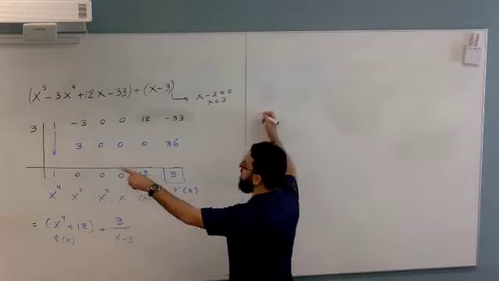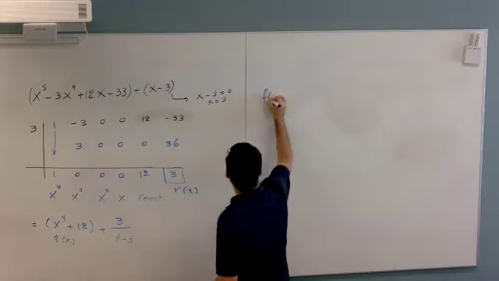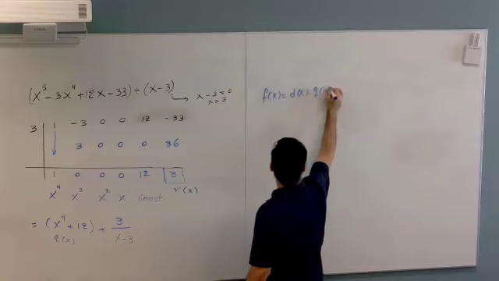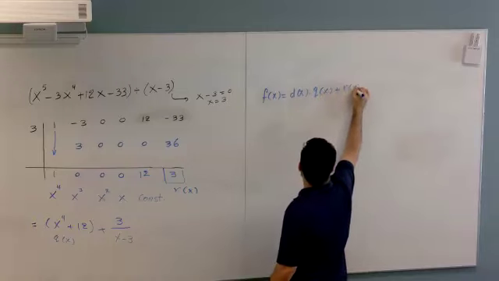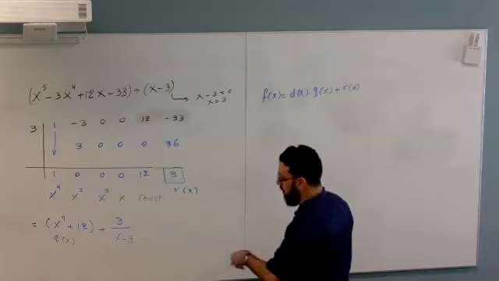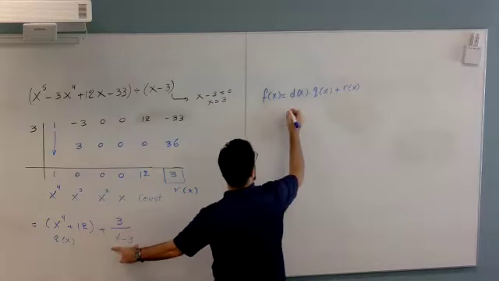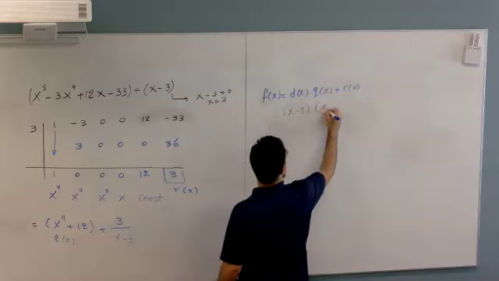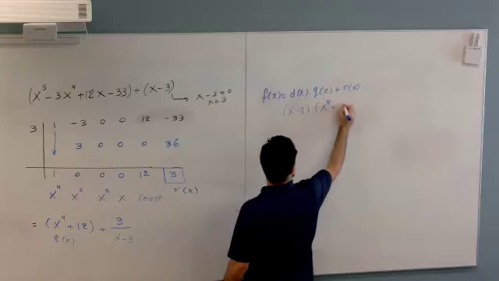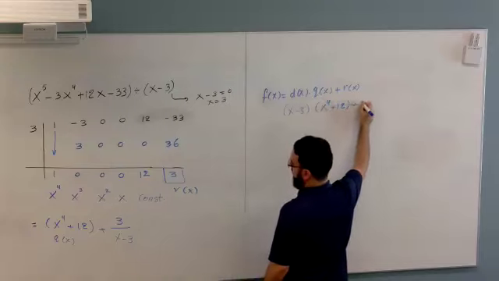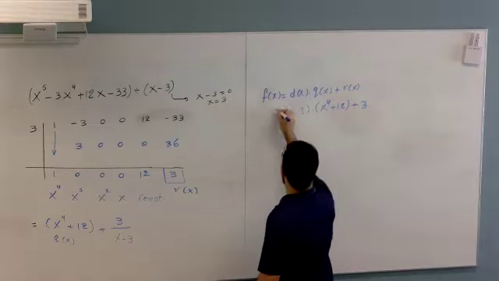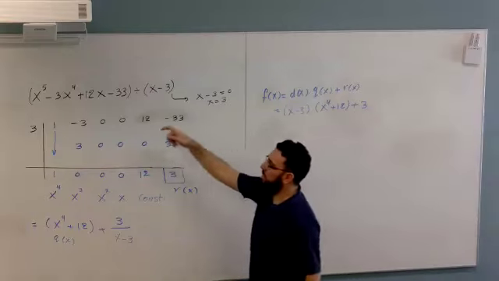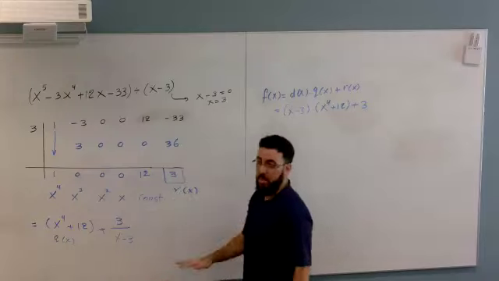Remember when I told you the formula? P of X, you can say, it's the divisor times the quotient, and I'm going to add the remainder, right? So the divisor is X minus 3 times the quotient, which is what? And you're going to add the remainder, which is 3. Now you just FOIL it, add the result, and you have to get it back here. Get the idea? We're just going to do the steps.